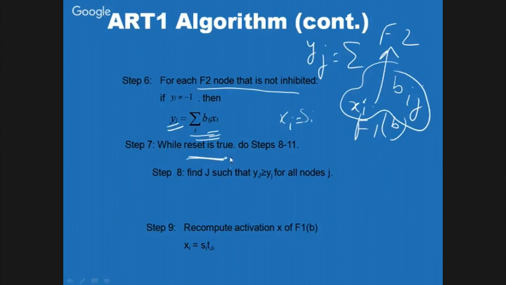Now we have to find the winning neuron or the winning cluster. We have so many clusters in the F2 layer. For each and every cluster we have to find out the net, and finally we have to check for what j this Yj is minimum. Just like we have done in vector quantization and in SOM, similarly we have to do in ART also.